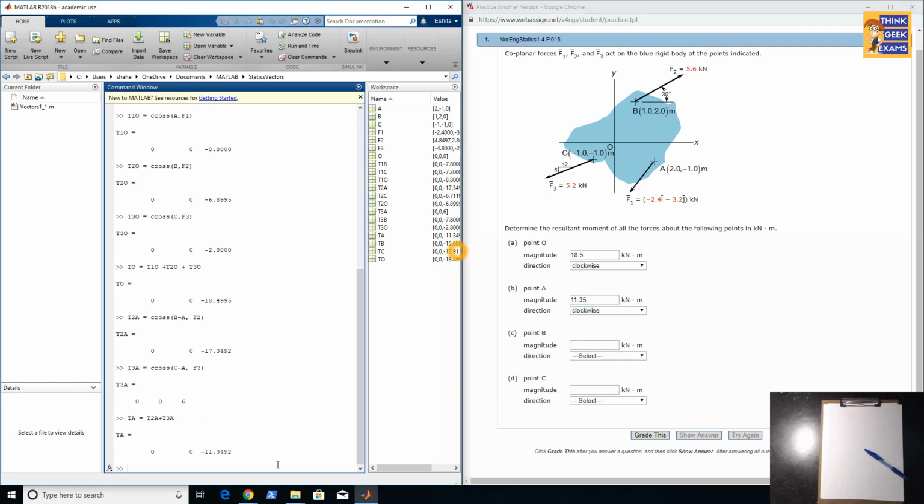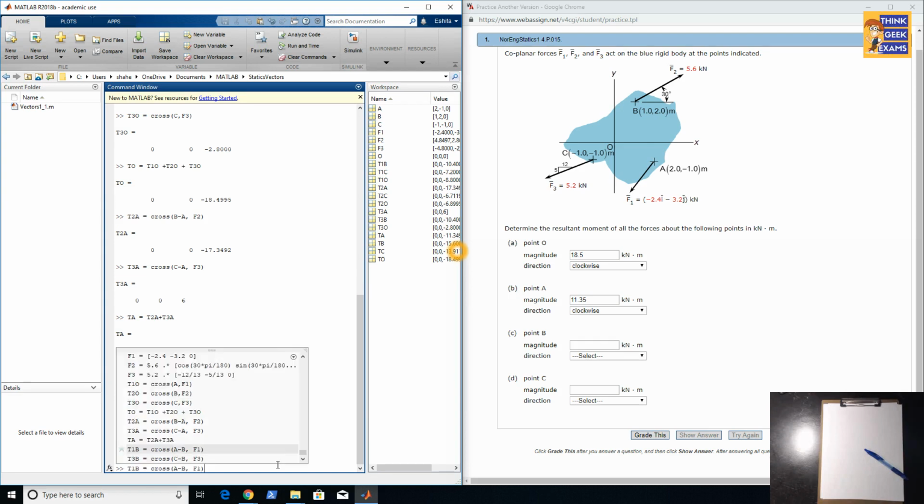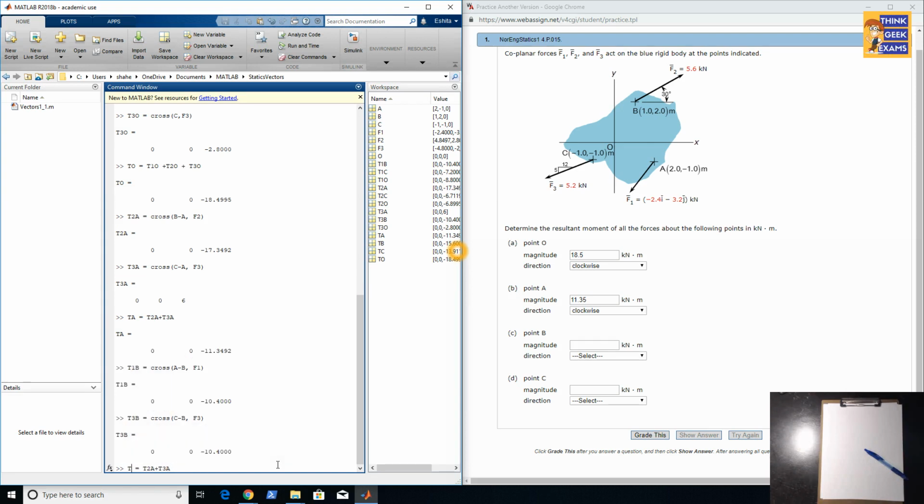All right. Now we want B, and we want 1 and 3 for B. So T1B is going to be A minus B and F1, and T3B is going to be C minus B and F3, and TB equals T1B plus T3B.